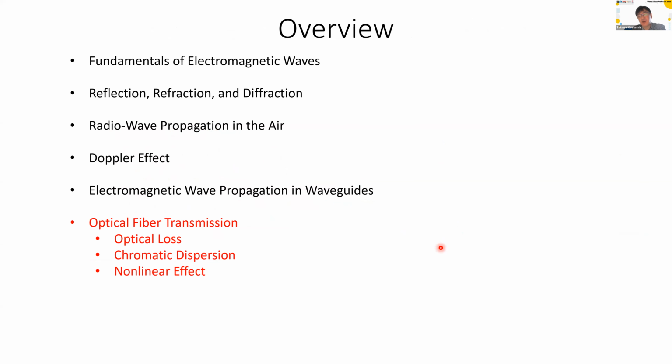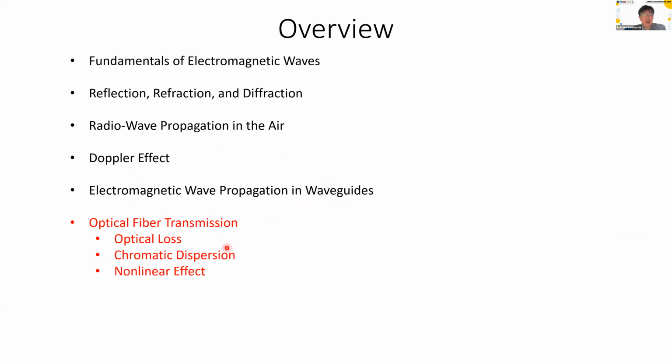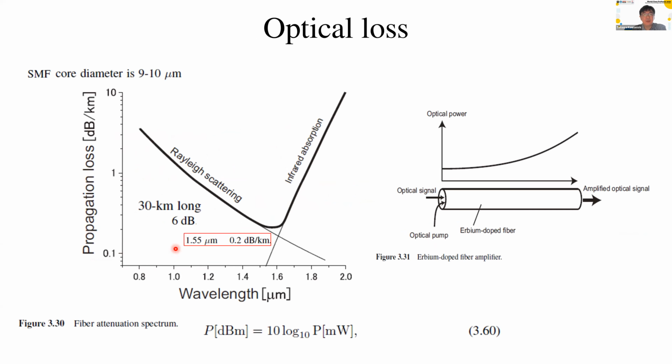Okay, here I'd like to move on to the last part of this chapter, optical fiber transmission. I will talk about three items: optical loss, chromatic dispersion, and nonlinear effect. This shows the typical optical loss in the optical fiber.